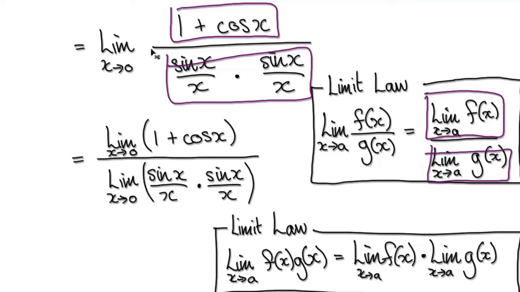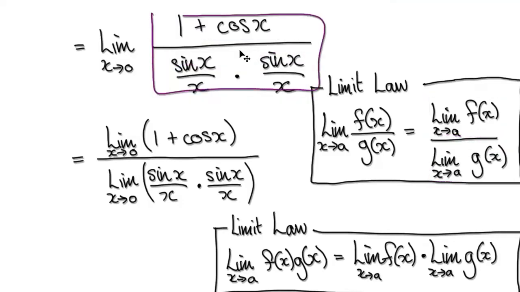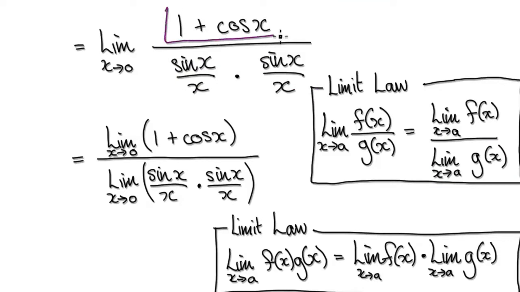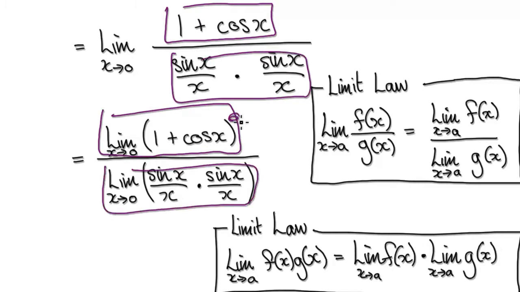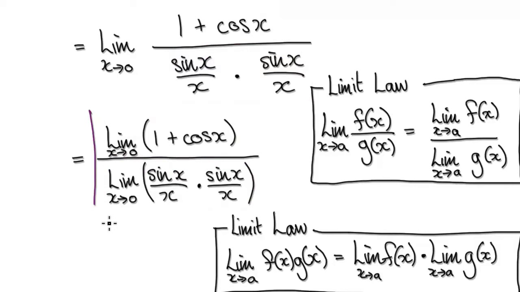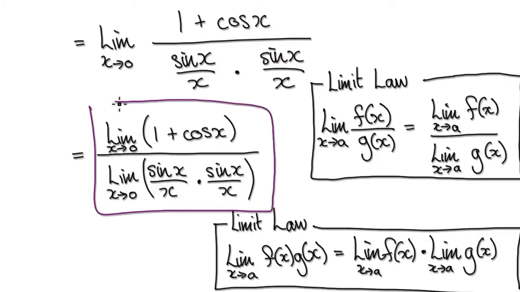So when you're at this stage here, take the limit of the top function, that's this thing here, and then take the limit of the bottom function, and whatever the limit of this is, you just get one divided by the other. So now that will then take you to this stage here.